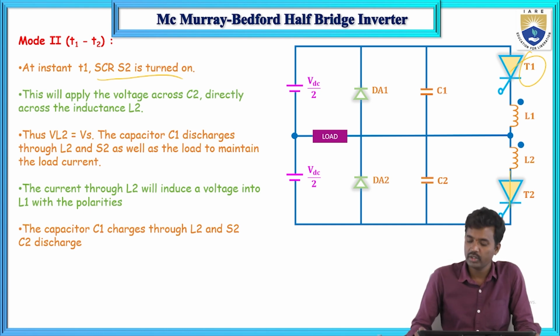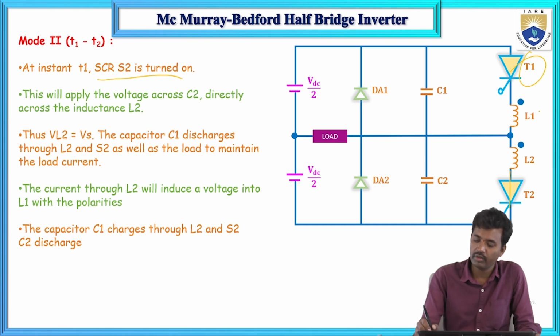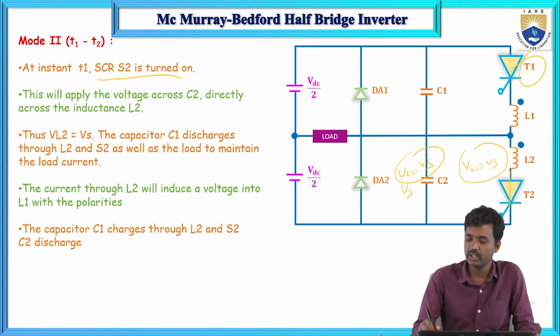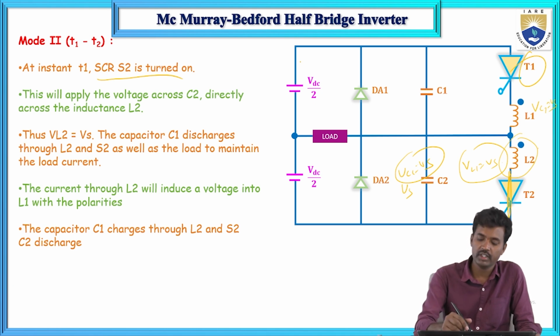So this voltage is Vs. Vc1 equals Vs and VL1 equals Vs, the same voltage. This is a short circuit, and Vc1 equals VL1 equals Vs. VL2 is the same voltage. Now if you apply KVL, this is Vs.